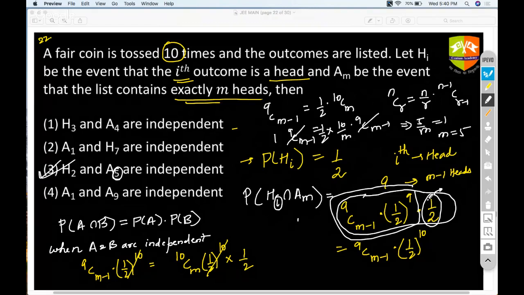Ith can be anywhere in between. So this expression together should be the product of these two separately. So I solved them and got the value of m. So they would be independent only when m is 5.